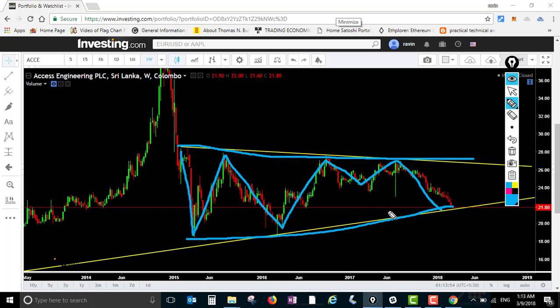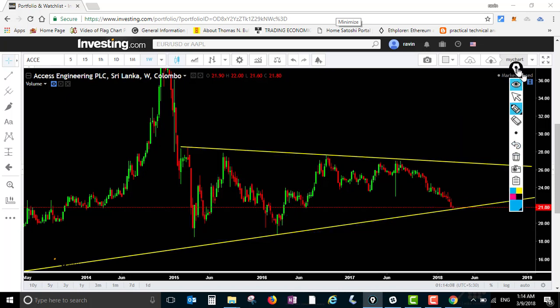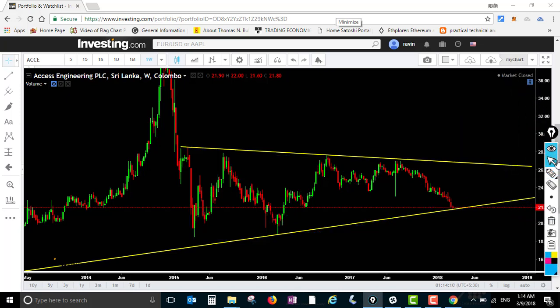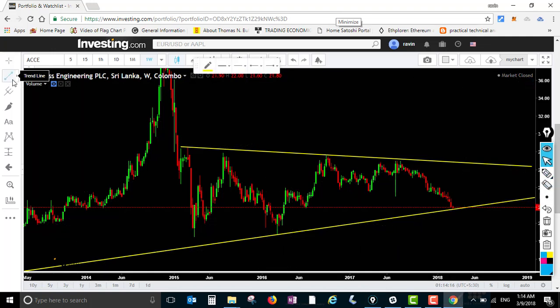So you want to find what patterns you can find within that particular symmetrical triangle. I will show you what patterns you can find through this smaller 1 week time frame.